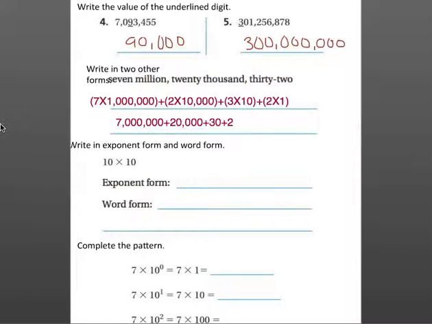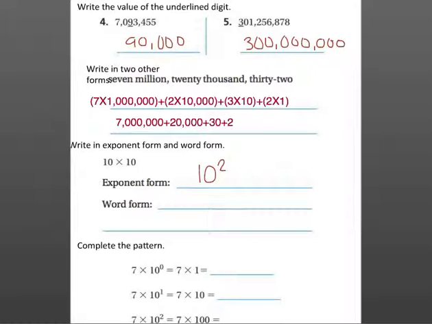So for each 10 that you have, your exponent is going to be given 1. So for example, 10 times 10, I would write that as 10 to the second. And so this 2 is what you would call an exponent. It tells me how many tens are in the value of the 10.